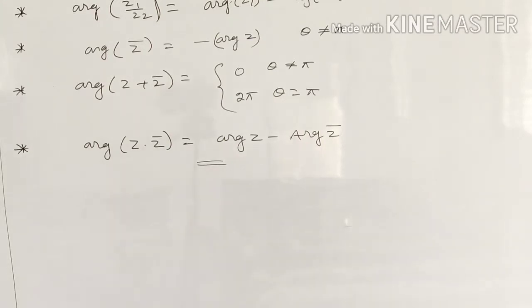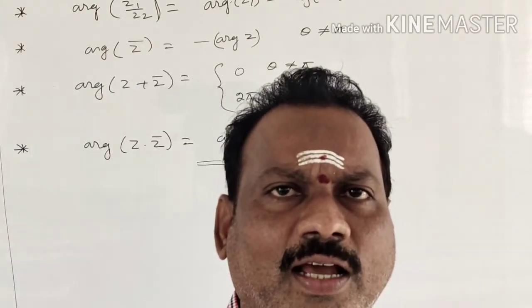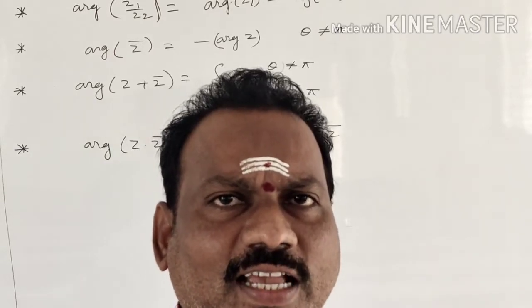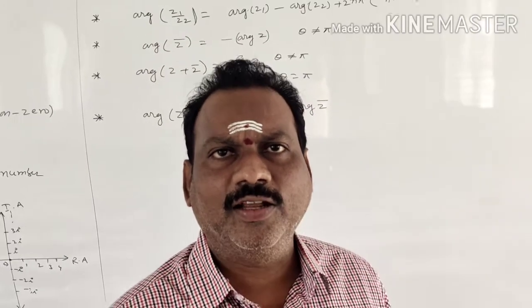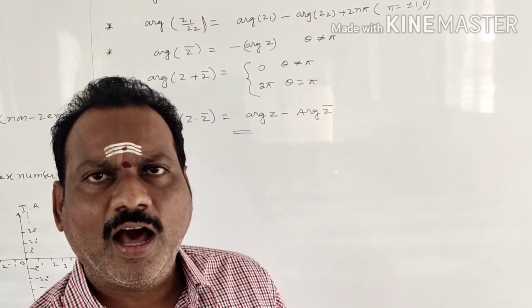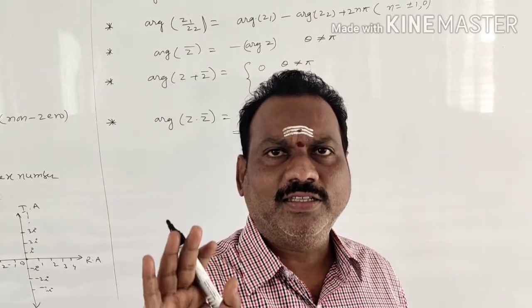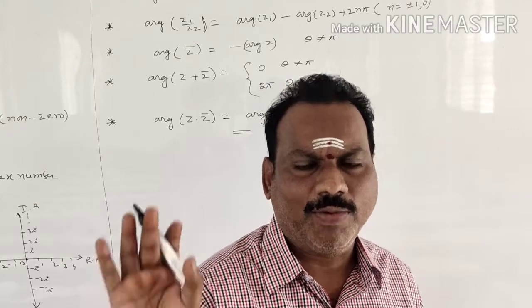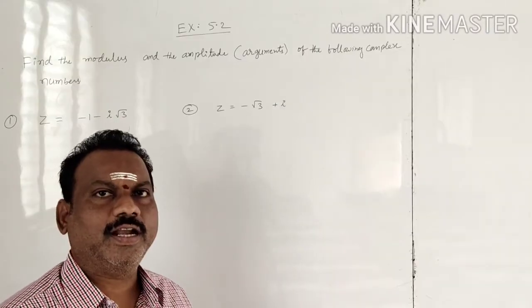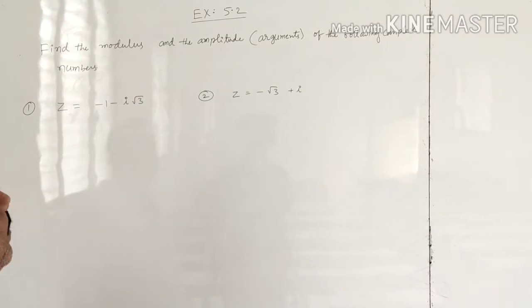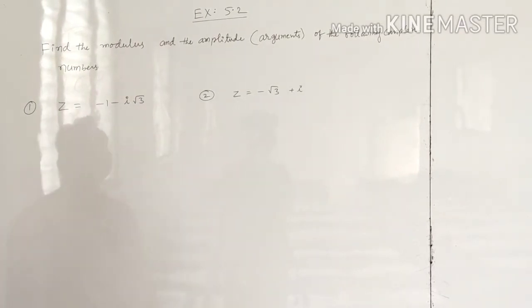So based on this introduction, we will complete your PU textbook second exercise. It is very easy to solve the problems on argument of a complex number and its modulus. They will ask just modulus and argument of a complex number, students. Right, students? Now we will discuss exercise 5.2.